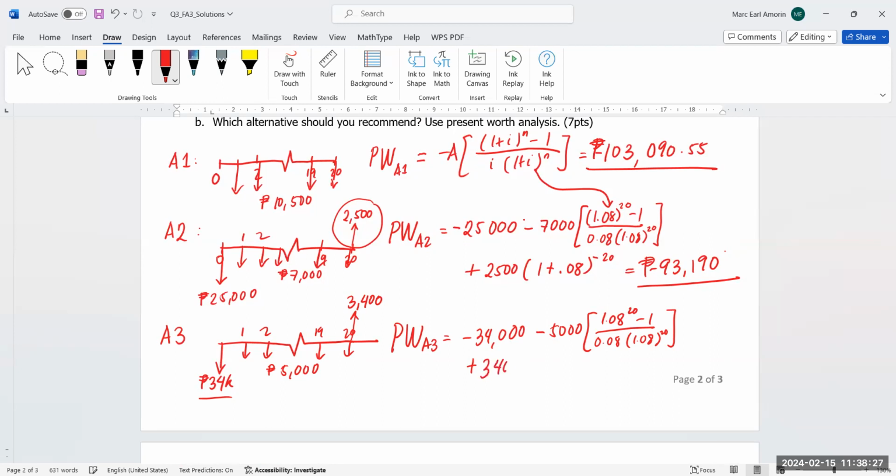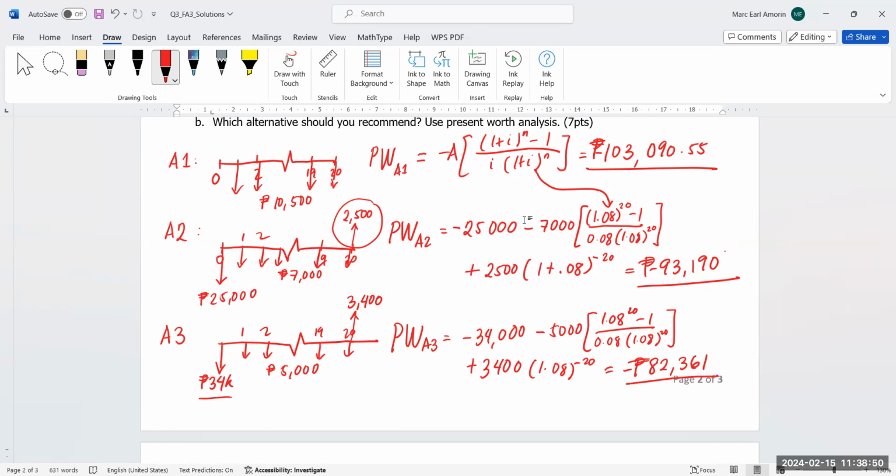So plus 3,400 times 1.08 raised to negative 20. So you should be able to calculate a value of 82,361 pesos. Okay, this is negative also. So in fact, all our present worths are negative.